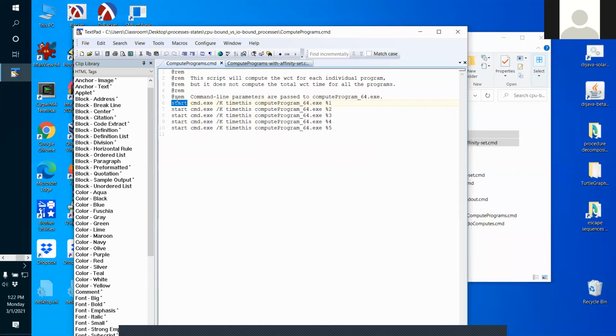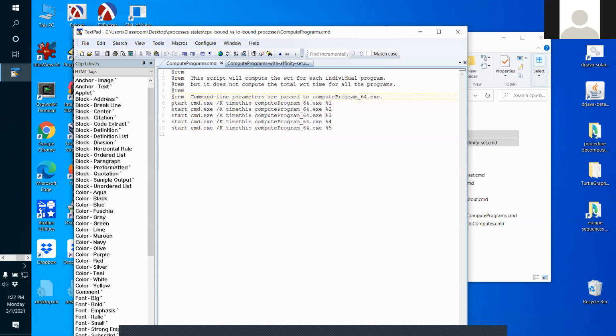Start says essentially launch something in a separate window. So by saying start, it launches it in a separate window. If I got rid of the start, this CMD would launch in the same window, then it would wait for it to be done, then it would run this one. This says launch in a separate window, and then the CMD in its window should run time this, and it should time this program.